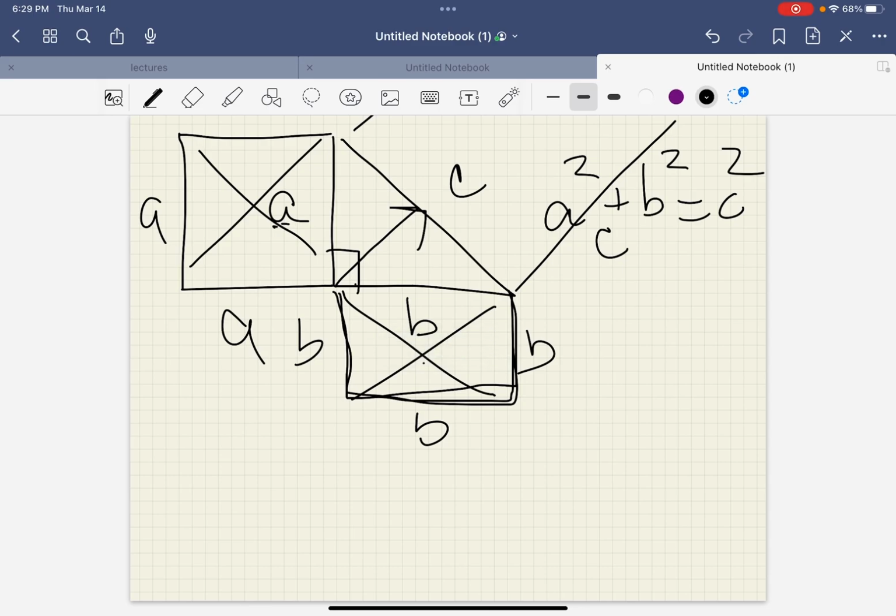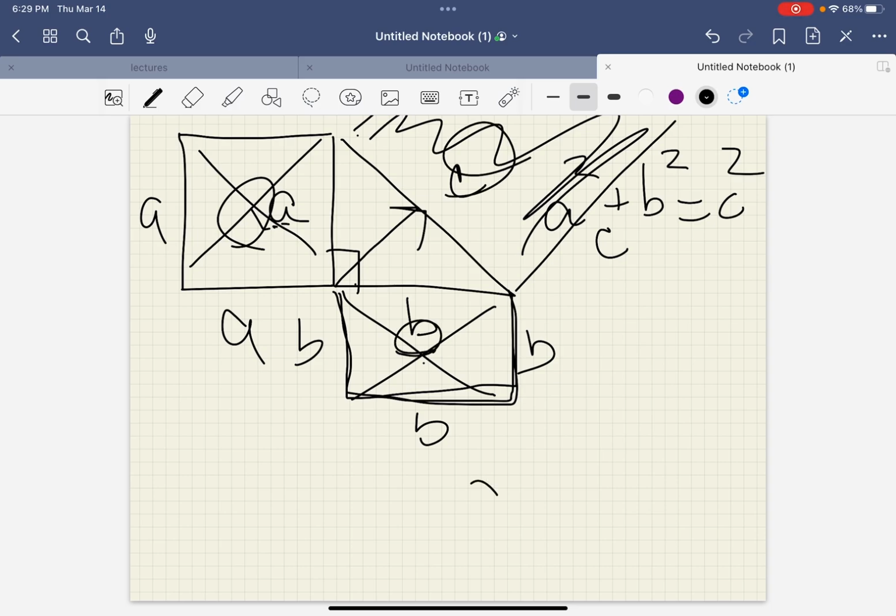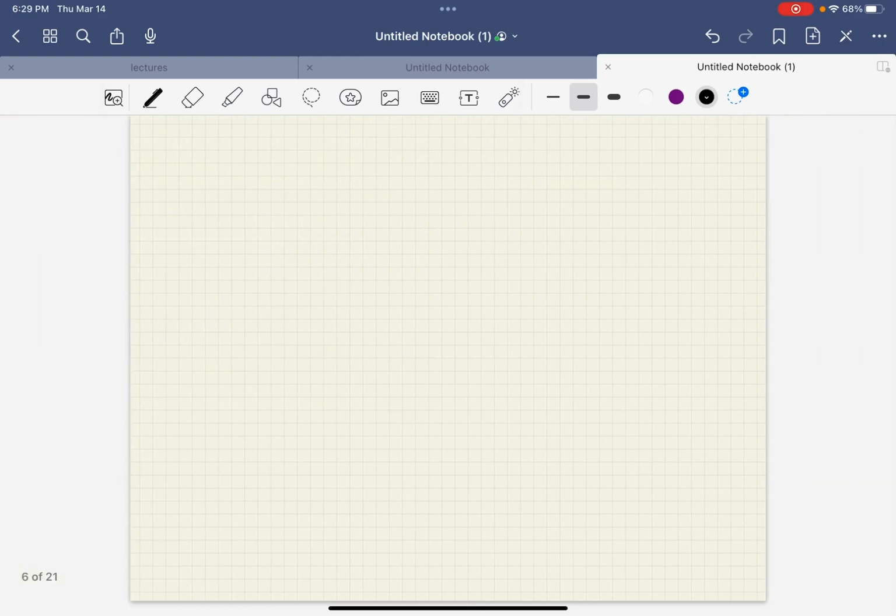That's the A squared plus the B squared. And then you count all the little squares over here in the C squared. This plus this little one plus this little one would be equal to the big one. So that's where the theorem comes from. A squared plus B squared equals C squared. Okay, only applies to right triangles.